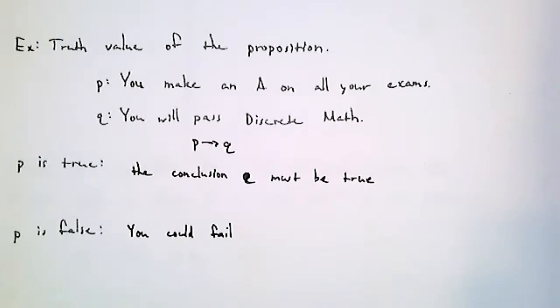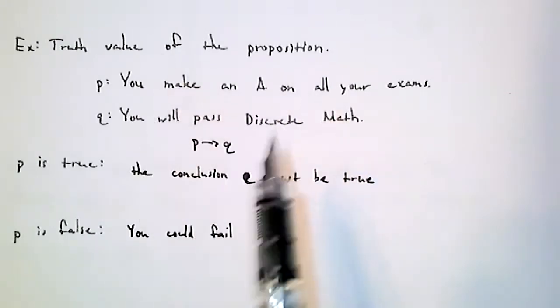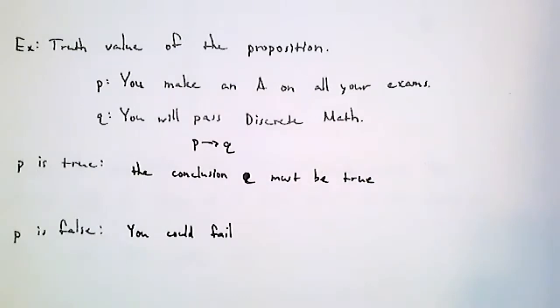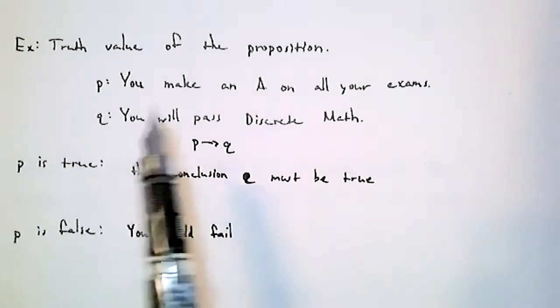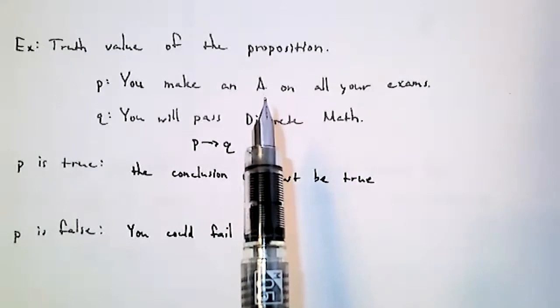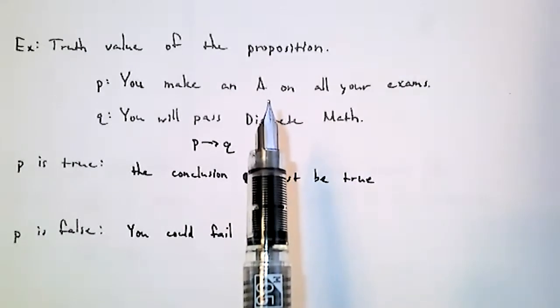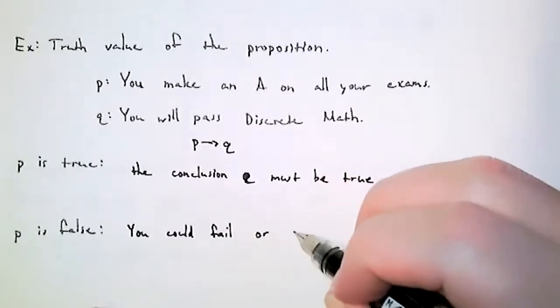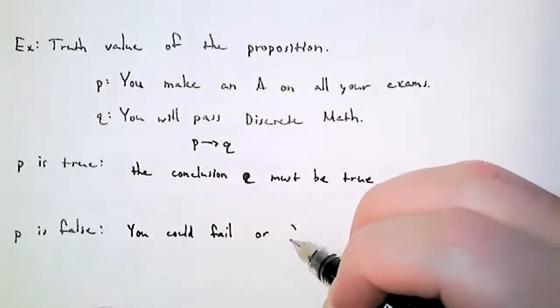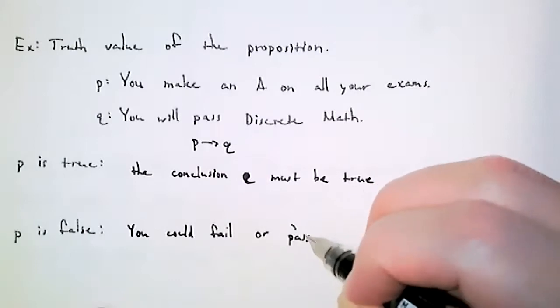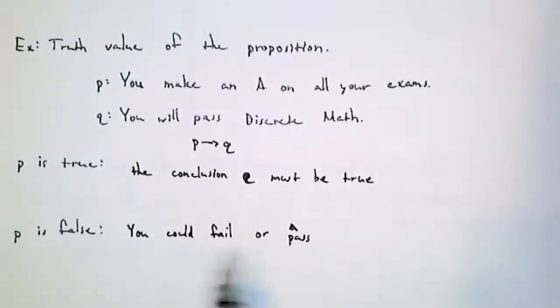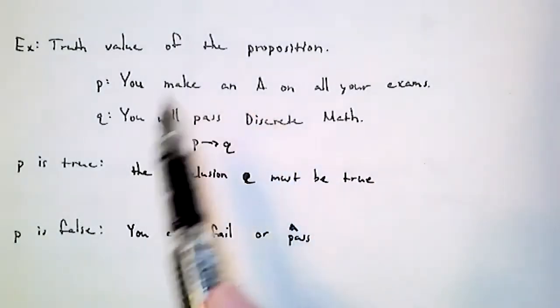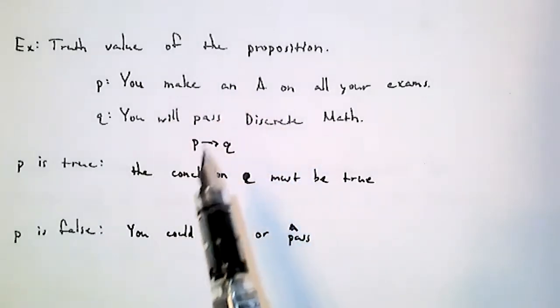Could you pass? If you don't make an A on all of your exams, could you still pass? Possibly. Maybe you didn't make A's, but maybe you actually did make B's or C's. So either way, this conditional statement would still be true.